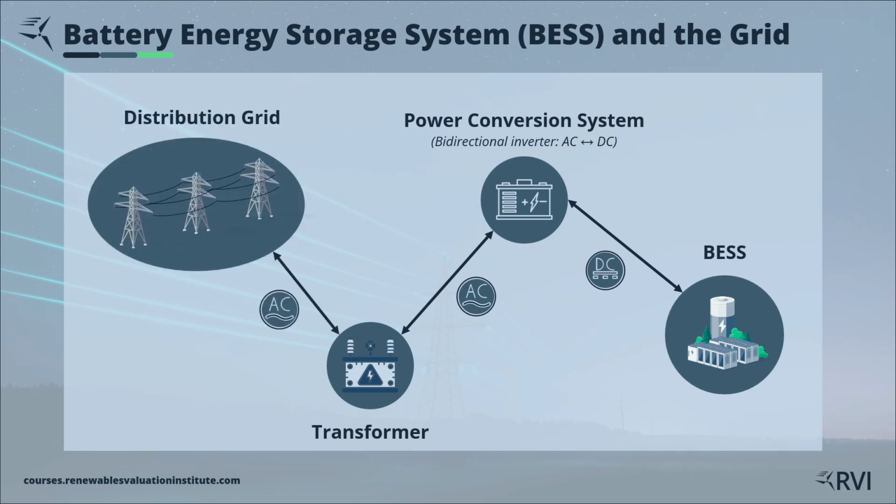On the modeling side, what we're going to do now is represent this discharge path numerically. Start from usable DC energy, pass it through the DC to AC efficiency chain, cap it at the point of interconnection nameplate energy, and express the result as an effective and deliverable duration. With that picture in mind, let's hop back into Excel and implement it.